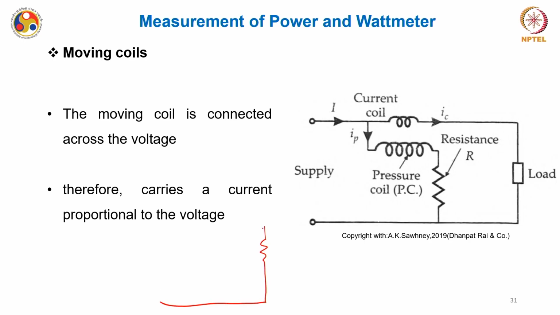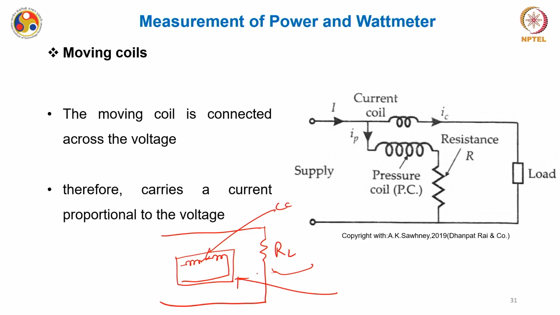So this is the load, say RL. I want to calculate the power consumed by this RL, and I have a wattmeter, having this as a current coil, I am calling this CC, and this complete thing is the wattmeter, and I have a moving coil inside.